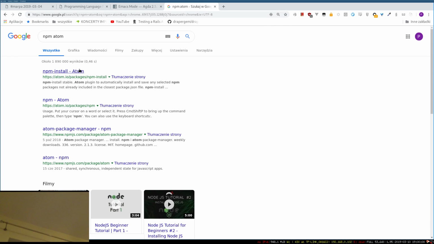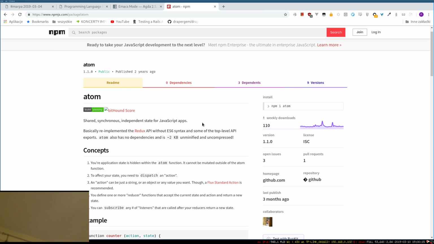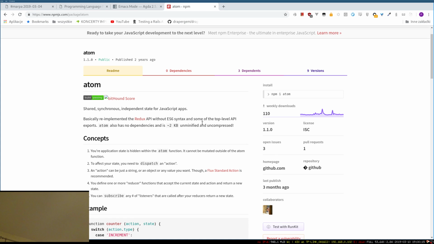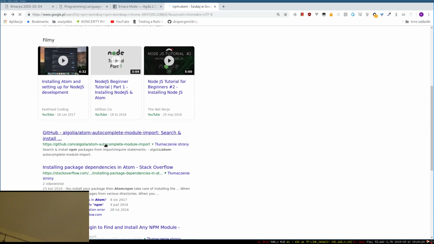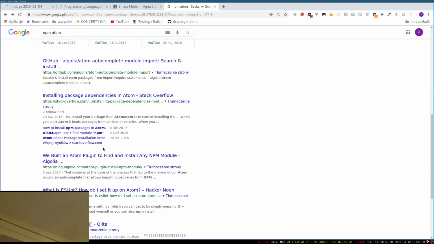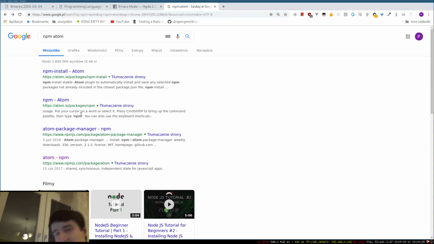npm install. No. npm.js. Yes, you can install, because it is basically a JavaScript. No, that's not an editor. No, it's an electron.